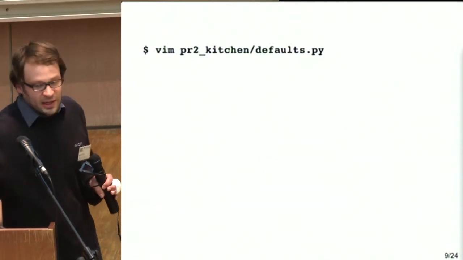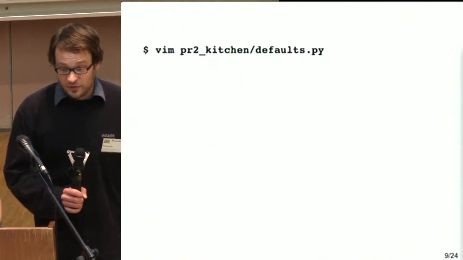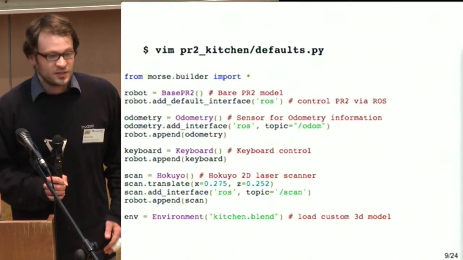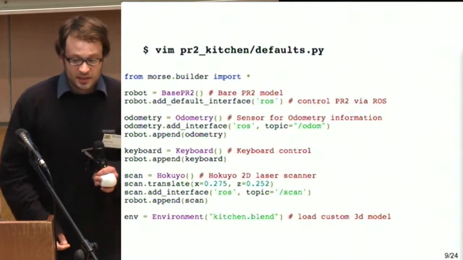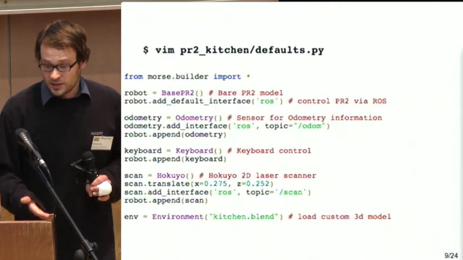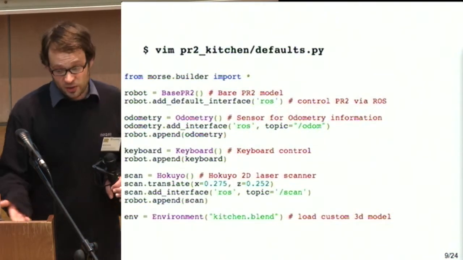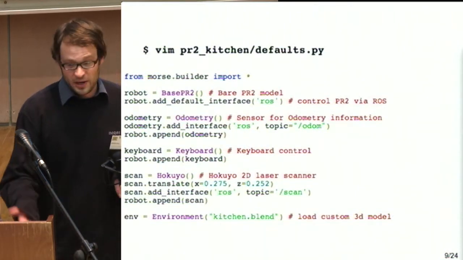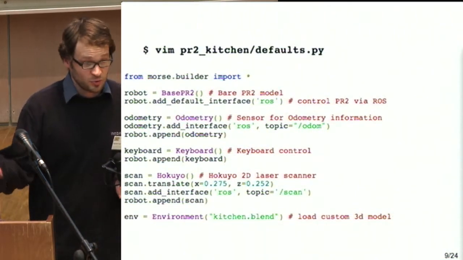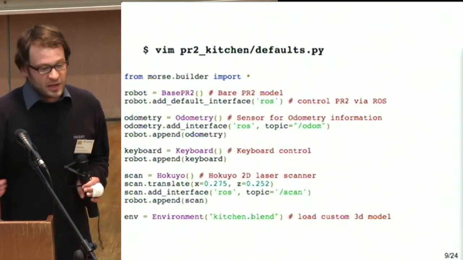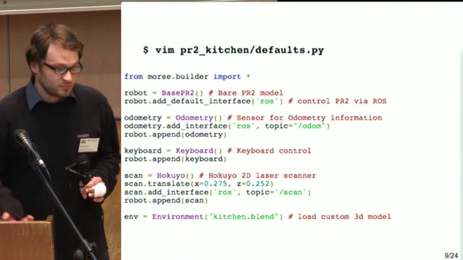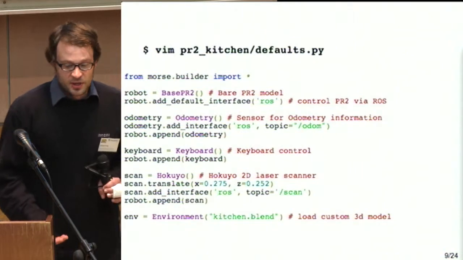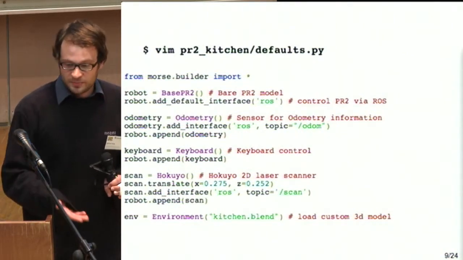In our example, it would look like this. In the first line, we import our Builder API, which is provided by MORSE. On the second and third lines, we add a Pr2 robot and say we want to control it via ROS. Since it's basic Python, you could as well just enter a loop and add 10 Pr2 robots. We did that, no problem. Afterwards, we add some sensors. In this case, for mapping, we add an odometry sensor, also controlled by ROS, added to the robot.